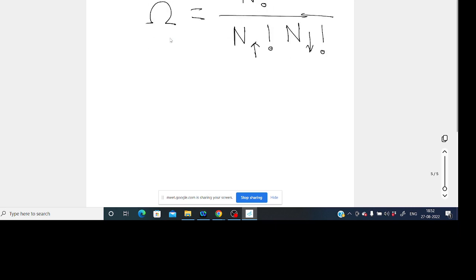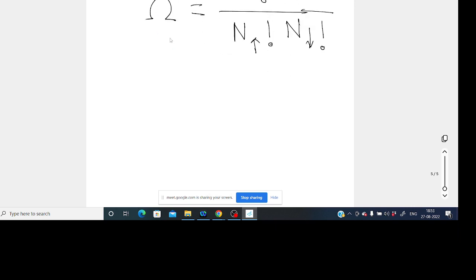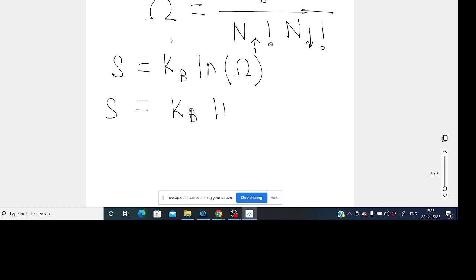Now what is entropy defined from this number of microstates? Entropy is defined as KB log of omega. So let's put this omega equal to this here, then we'll get this thing.